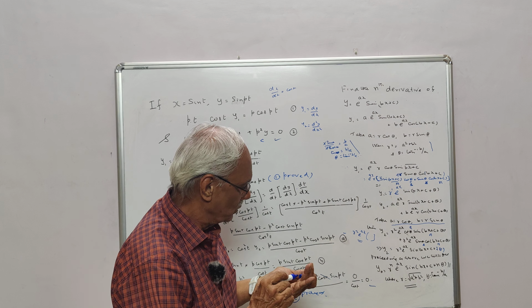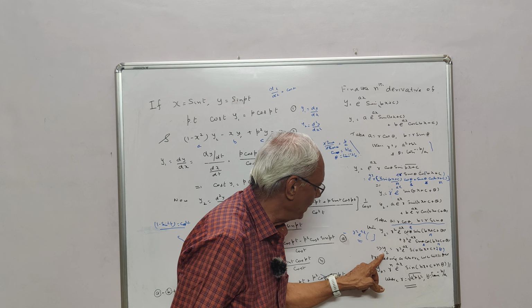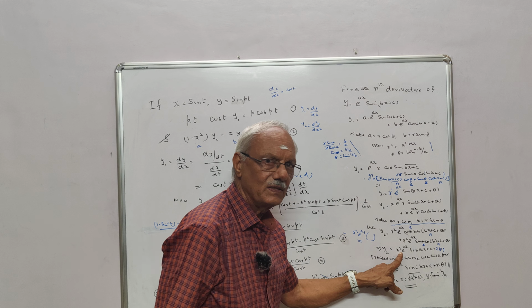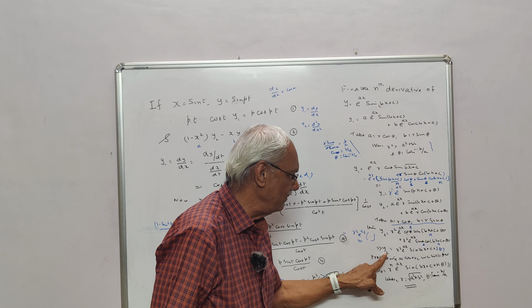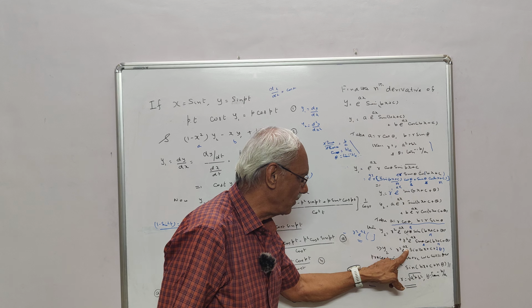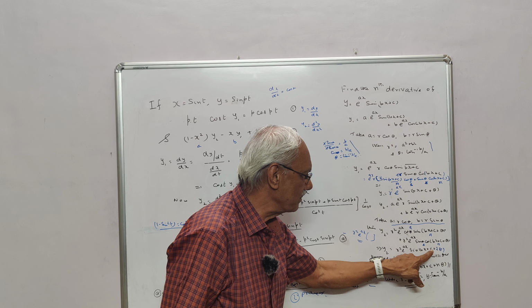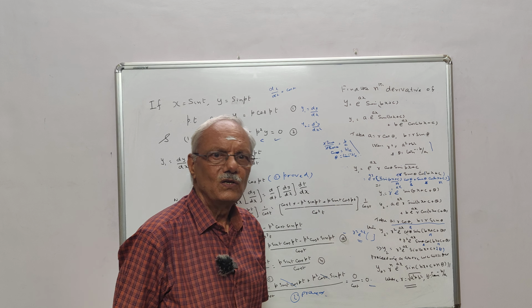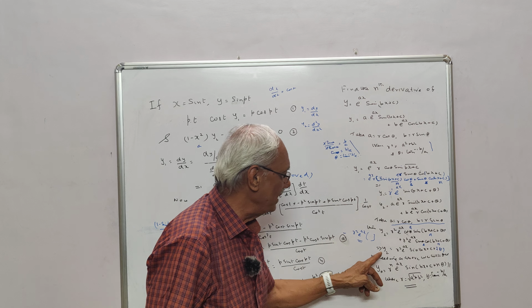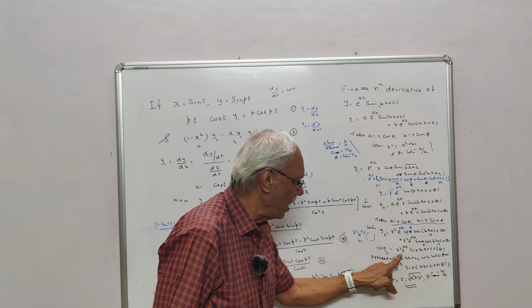So I will write this as y2 is equal to r squared, the second derivative, so r squared e to the power of ax into sin of bx plus c plus 2 theta. Now the third one, if I do, y3 will be equal to r cubed.